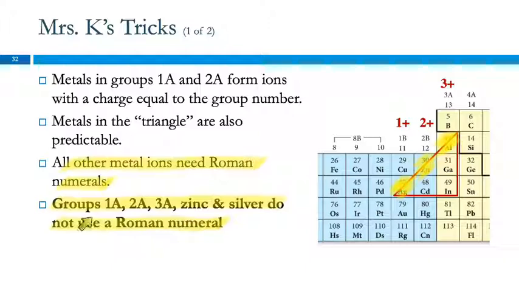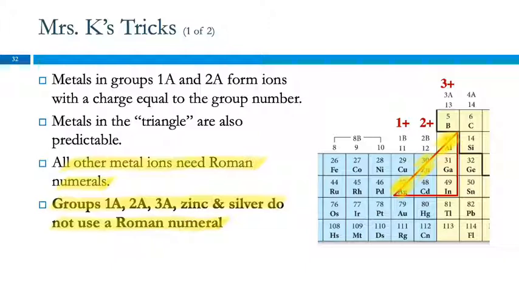So I'm going to chant this to you, groups 1A, 2A, 3A, zinc, and silver, a lot. And by the end of the morning, you'll just be able to rattle that off. Groups 1A, 2A, 3A, zinc, and silver, no Roman numeral. If it's not one of those, put a Roman numeral on it. Any questions? It says 1A, but silver is 1B.